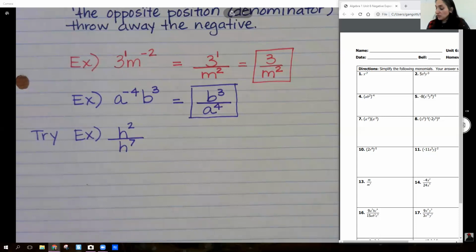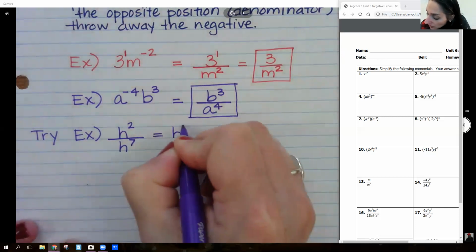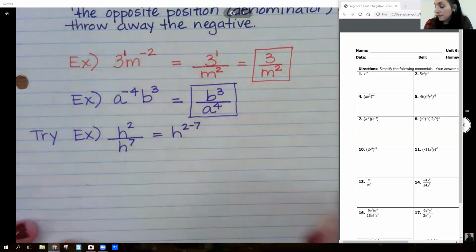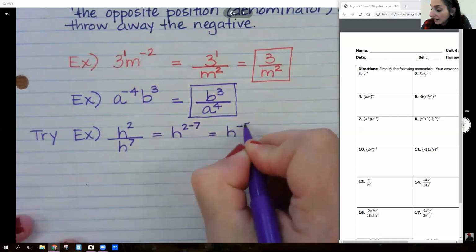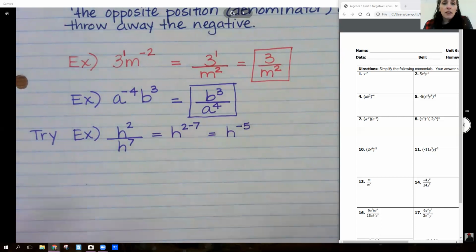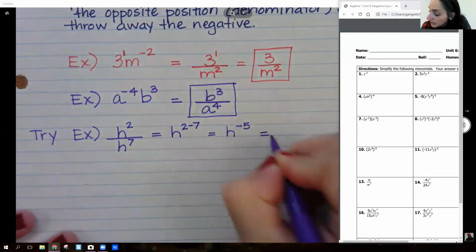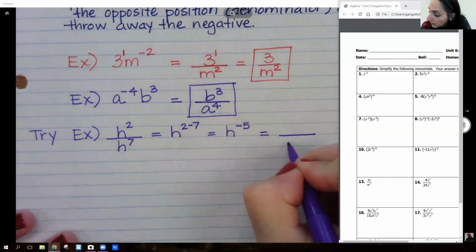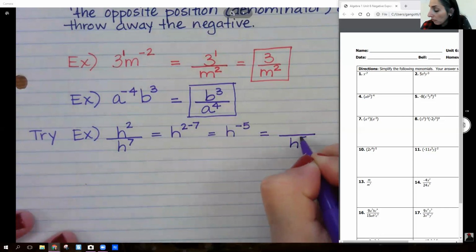Cool. All right, let's do this. So this is going to become h to the 2 minus 7, which is going to be h to the negative 5th. Now, it's not proper to leave your answer with a negative exponent, so we fix it. We're going to put it into the opposite position, which is down in the denominator, and you're going to throw the negative away.